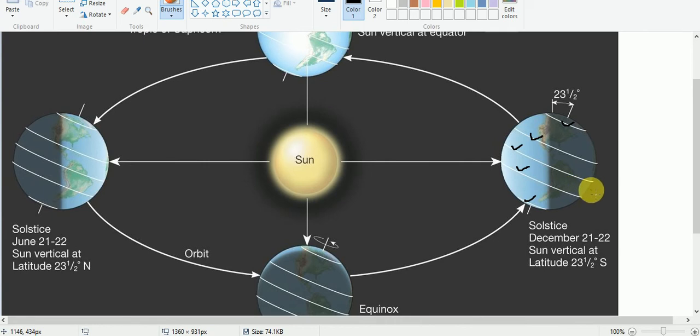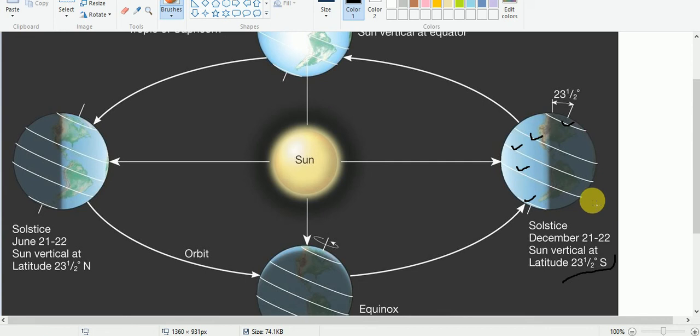On December 21 or 22, we will get vertical rays of the sun along the Tropic of Capricorn, that is 23.5 degrees south latitude.